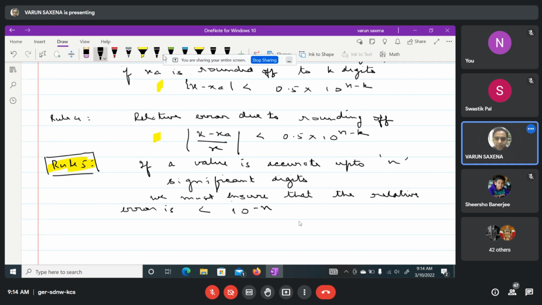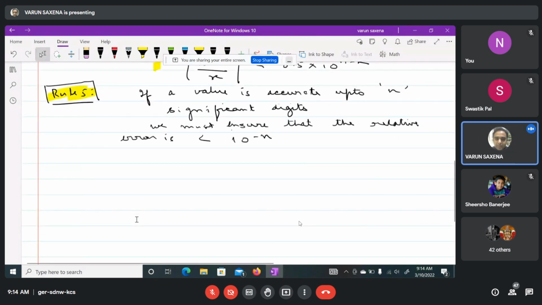Okay. So let's do some numericals, and in that we'll also see how these rules get reinforced. So let's look at some of the examples that we do. The first example is that, let us say that x is 0.005998.